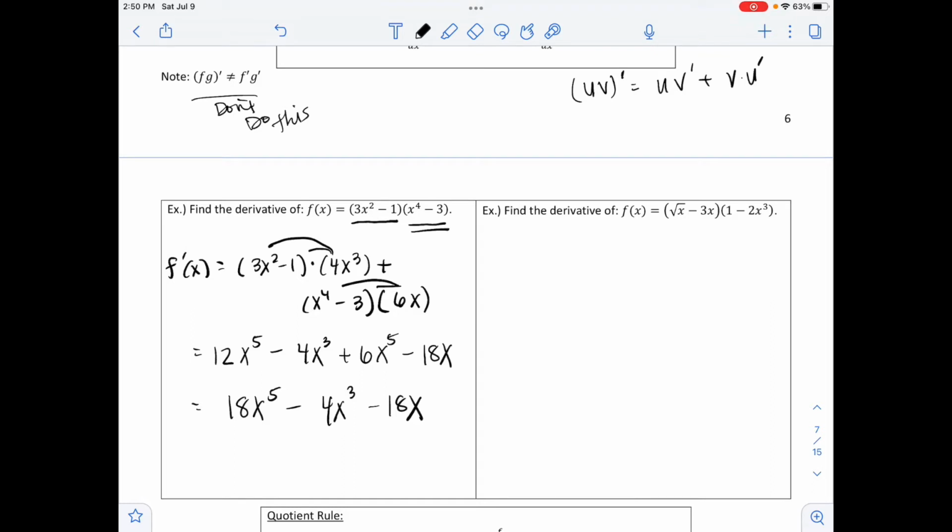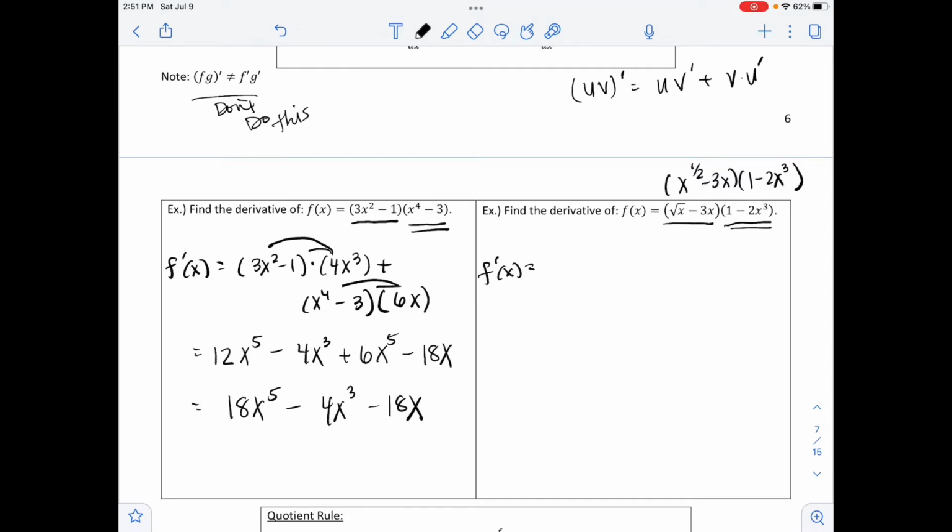And then the problem right next to this we have is going to be find the derivative of f of x equals, and our first factor here is square root of x minus 3x, and our second one is going to be 1 minus 2x to the third. And so taking the derivative, put f prime of x, and it's the first term, and I'm going to rewrite that up above as x to the 1/2 minus 3x, and then 1 minus 2x to the third.